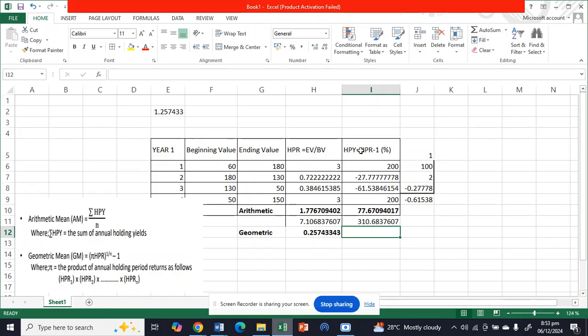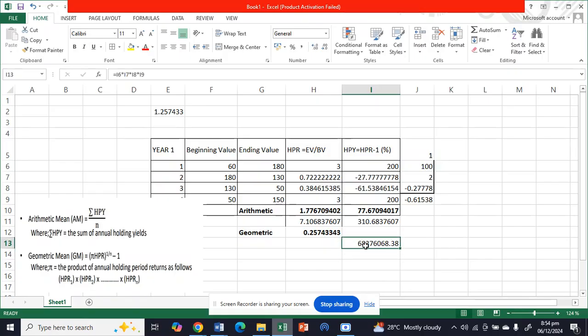Then for the holding period yields, we get our geometric mean. First thing we do again, we multiply each of the holding period yields, 200 times negative 27.7 multiplied by negative 61.5 multiplied by 200. We get this, this is a big number, 68,000.